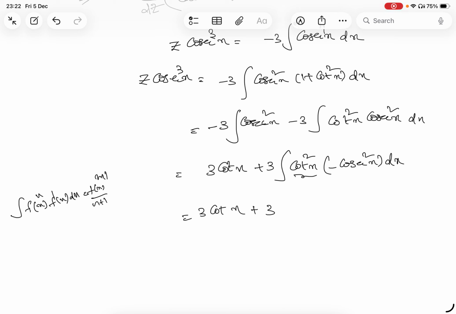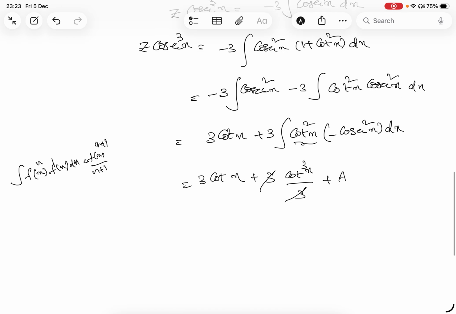Here f of x is cot x, whose differentiation is minus cosecant square x, right? Then this becomes cot cube x by 3, fine, plus some integration constant.